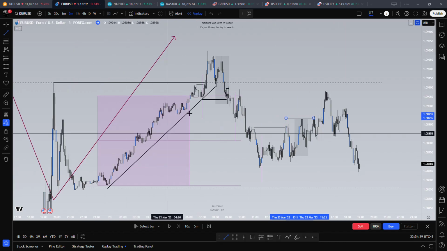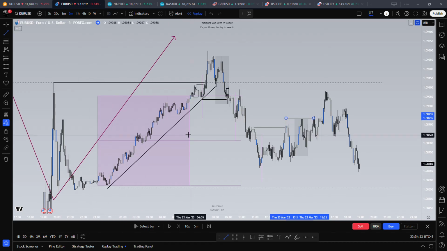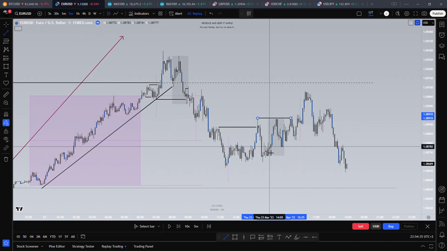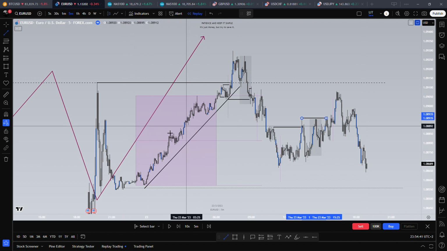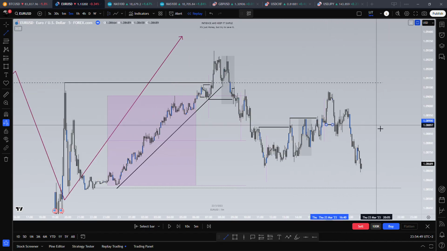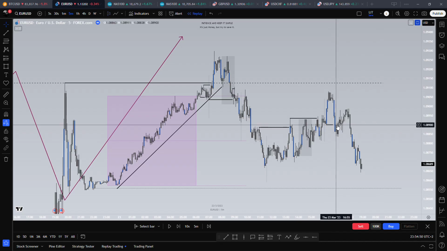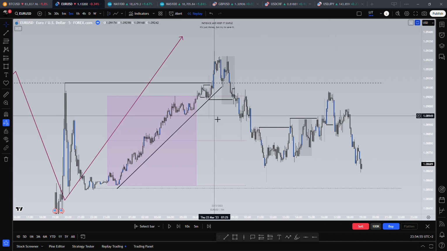So these breaks of structure have no reason here, so we can look for a continuation down, because there's nothing here that is telling me that this reversal is necessary. So we have this break here. I don't know if you took this.